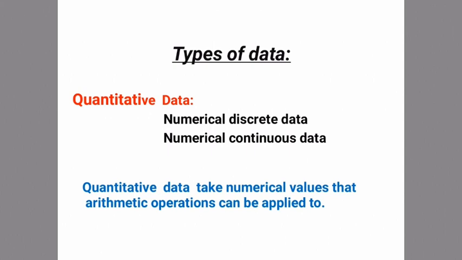What those two types have in common is that they take numerical values to which arithmetic operations can be applied. If it can only take integers, that is numerical discrete data. If it can take any value with decimals, that is numerical continuous data.